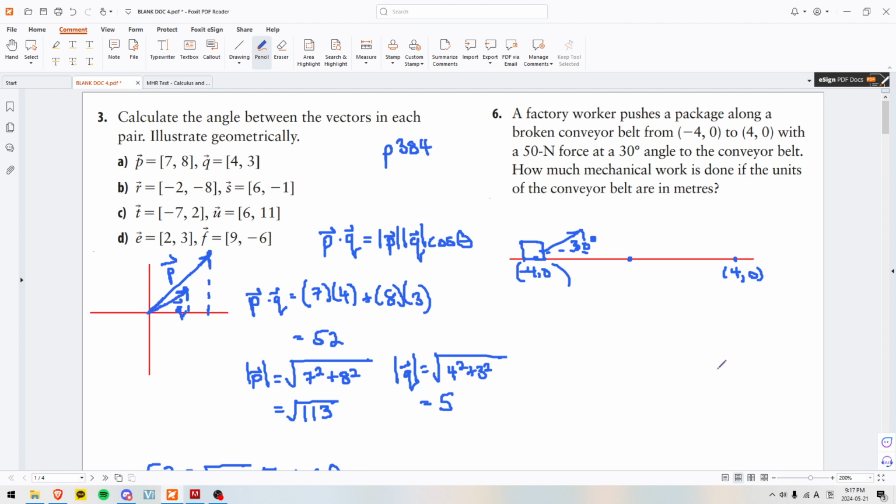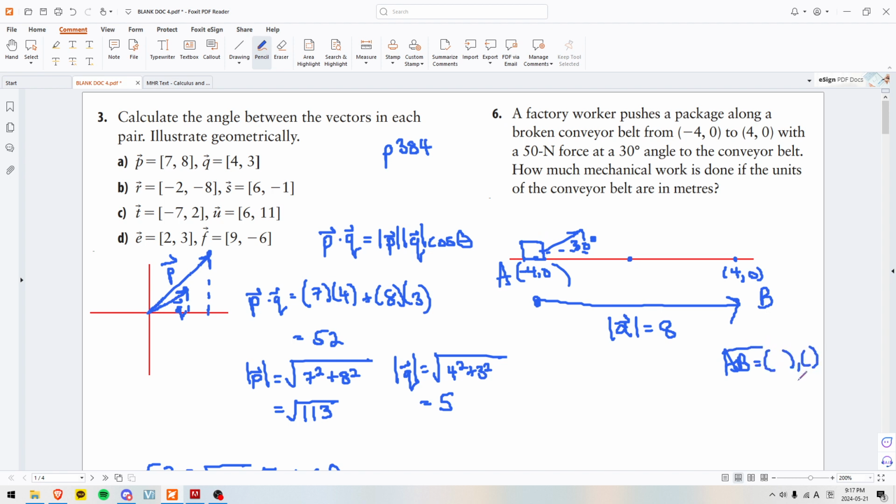How much mechanical work is done if the units of the conveyor belt are in meters? So I'm going to assume that my distance vector by magnitude is going to be 8. Right? I think that's fair. Another way you can do it is find the distance algebraically, find the vector from here to here, let's call this point A to point B. Find AB by doing the subtraction of the x's, comma, subtraction of the y's.